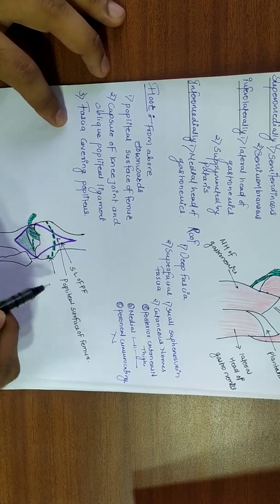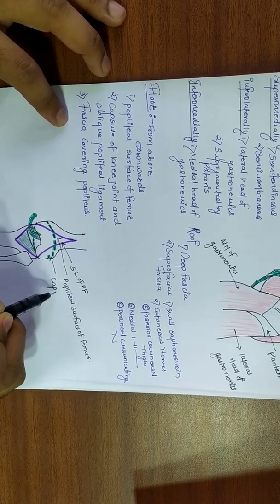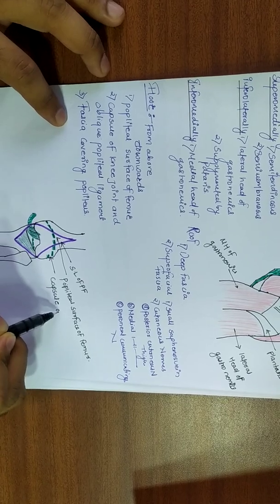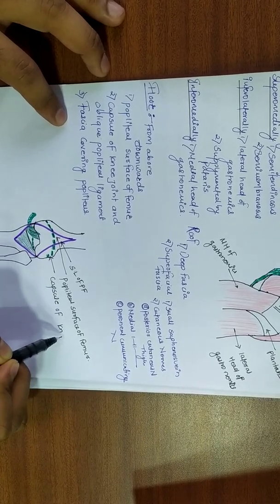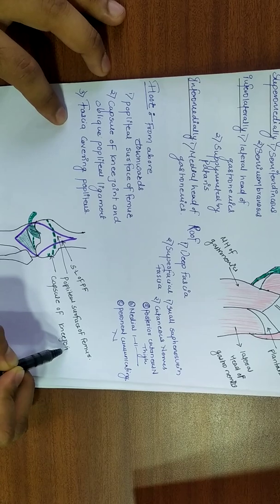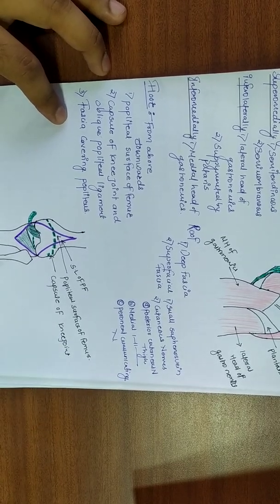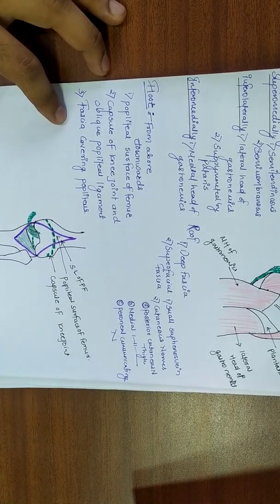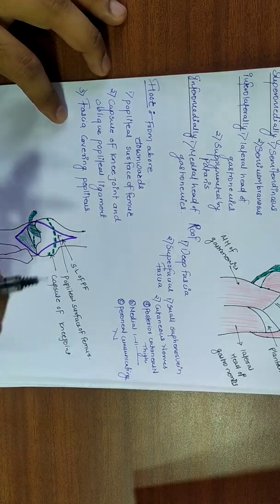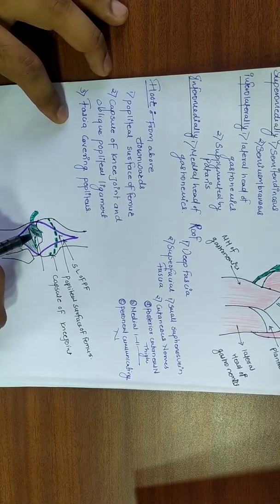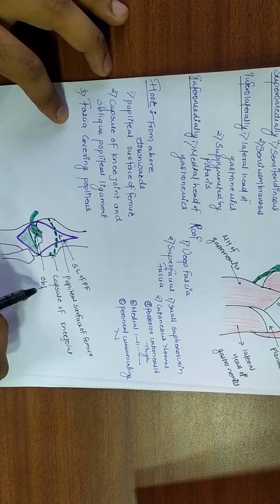This one is the capsule of the knee joint, and this one is the oblique popliteal ligament.